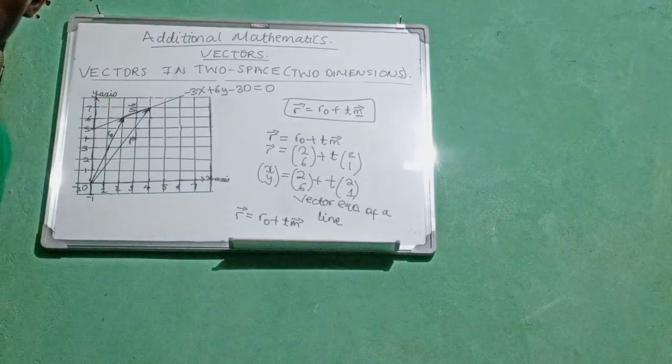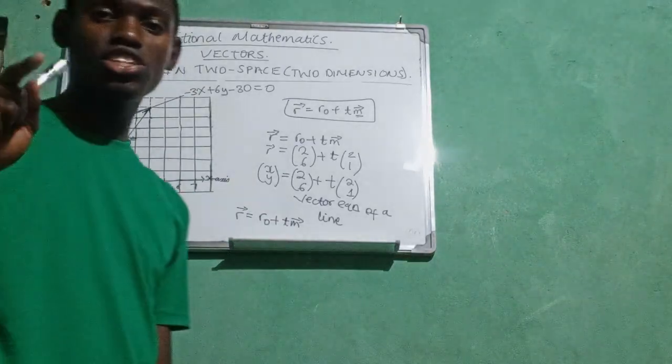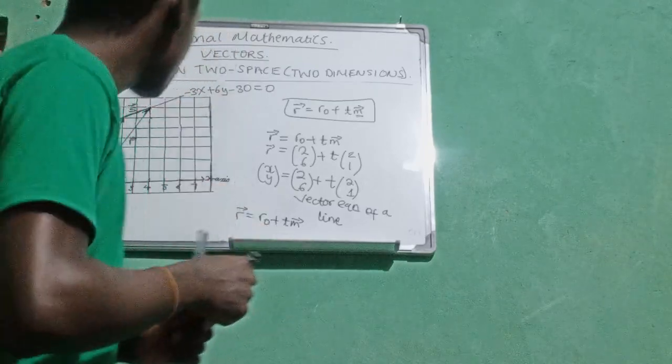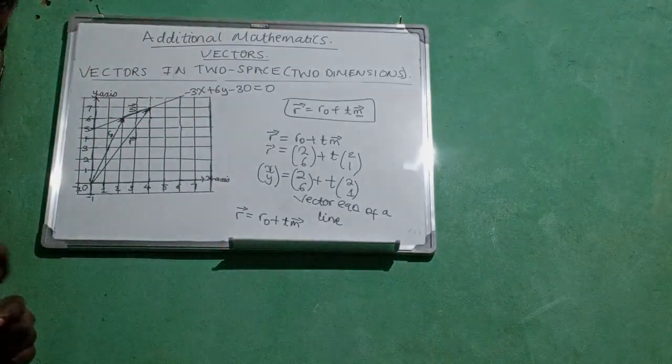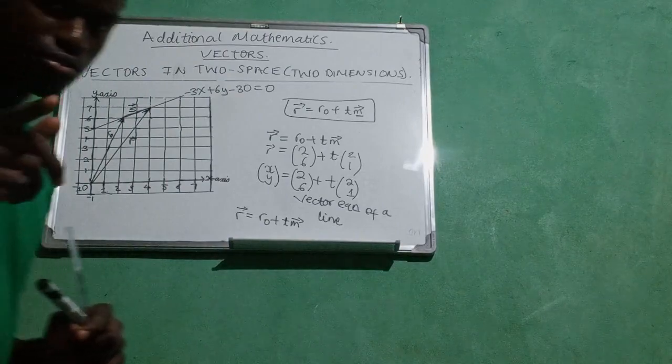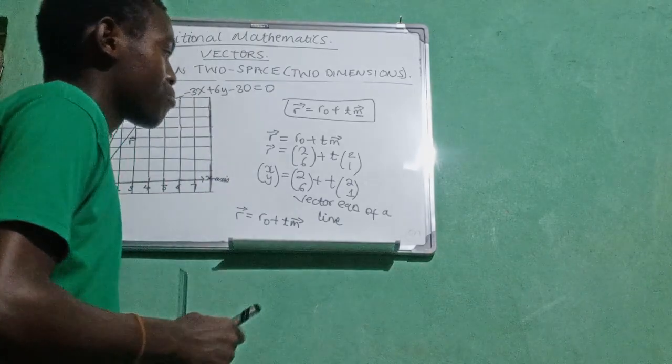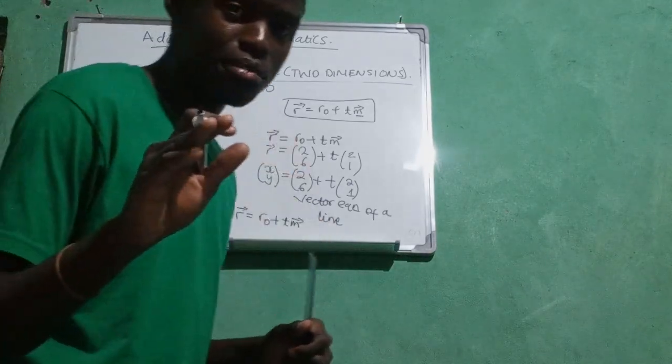Now our direction vector cannot be fixed. It can change. So the next vector which has its tip on the scalar equation is 6, 8.